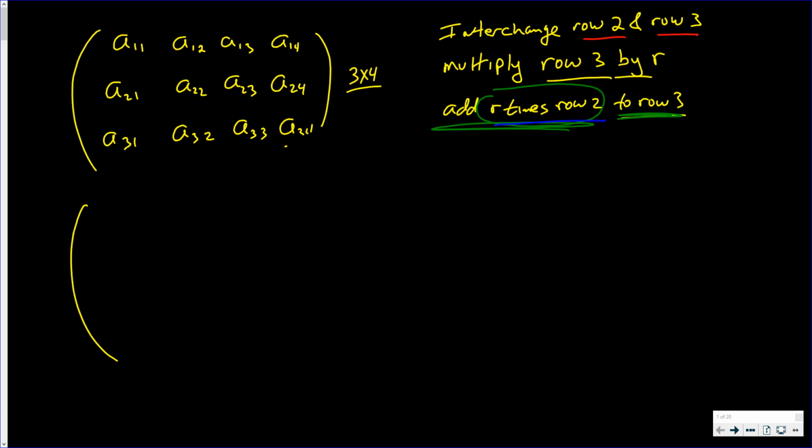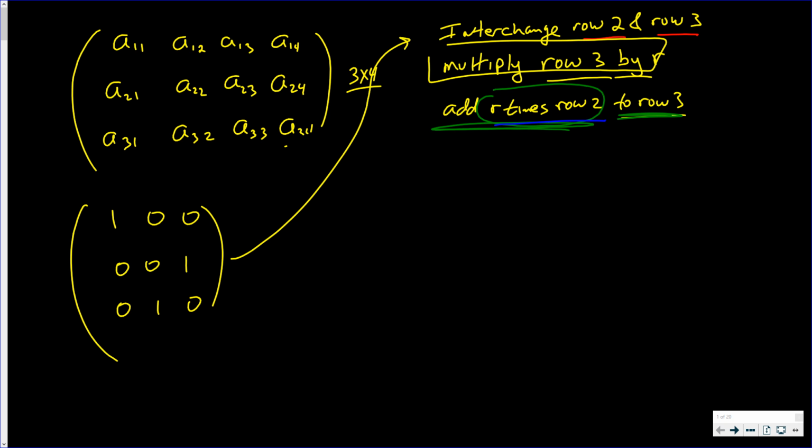If you want to multiply a row by some multiple, instead of having a 1 for that row, if you want to multiply row 3 by R, put an R there.